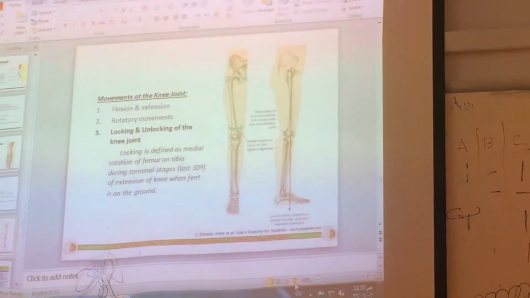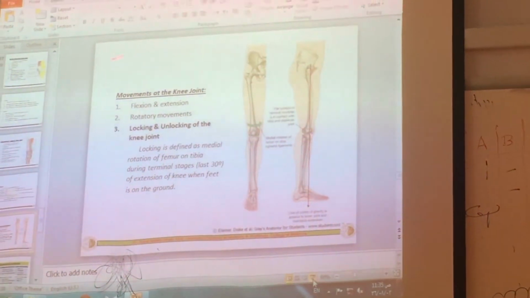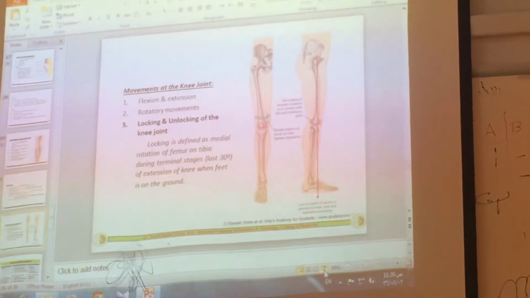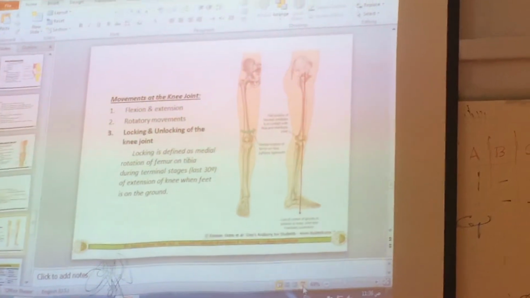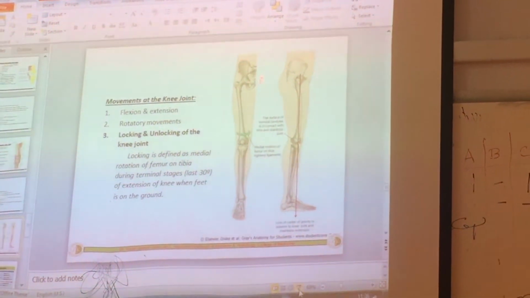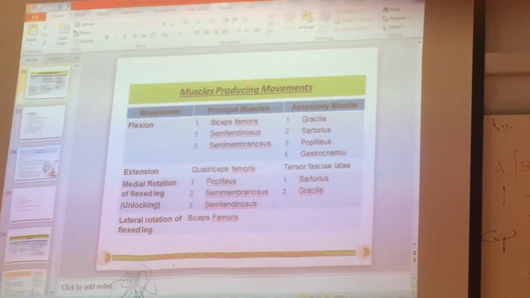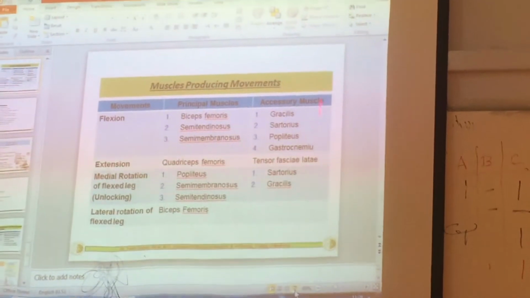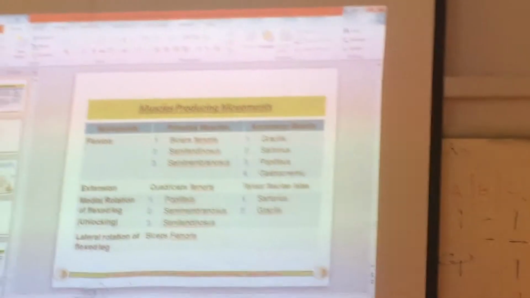Okay. Coming to the movements, as you know already, there are two movements, flexion and extension, and the second, very important and related only to this joint, is the locking and unlocking of the joint. So you should know the movements as well as the muscles. Mainly the principal muscles; accessory muscles are additional, but you should know the principal muscles.